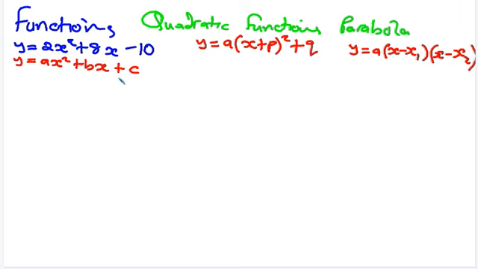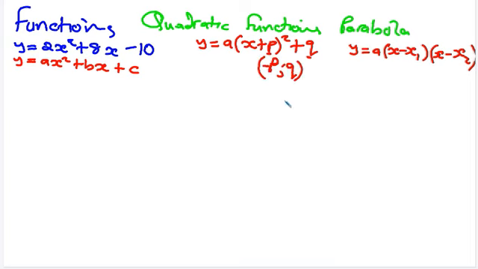Now, to write this equation in this form here, y is equal to a bracket x plus p squared plus q, we complete the square on this one so that we get this one. And this one, remember, gives us our turning point. The turning point from this will be minus p, q.